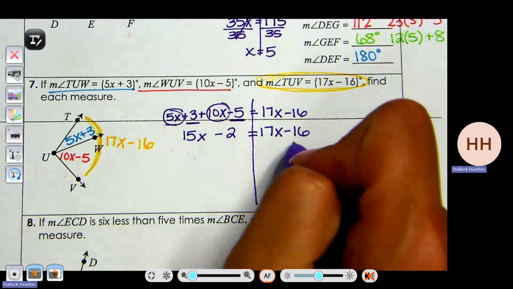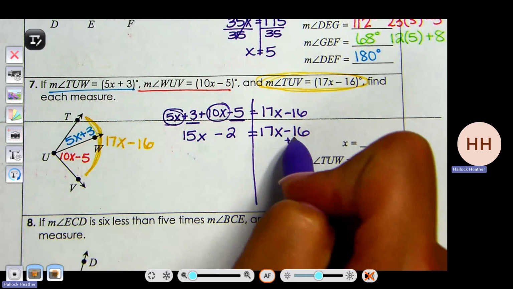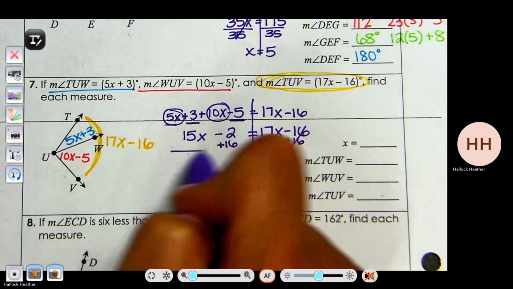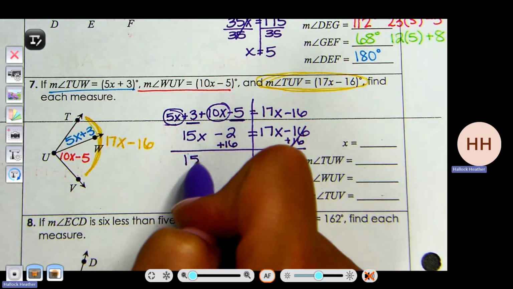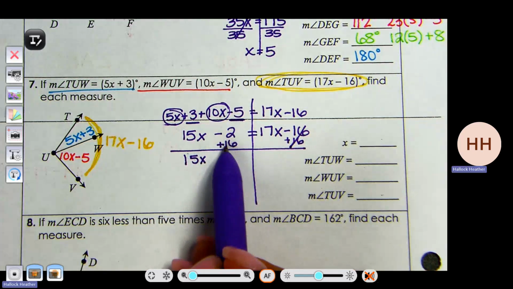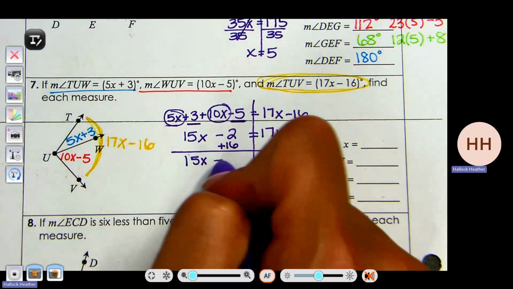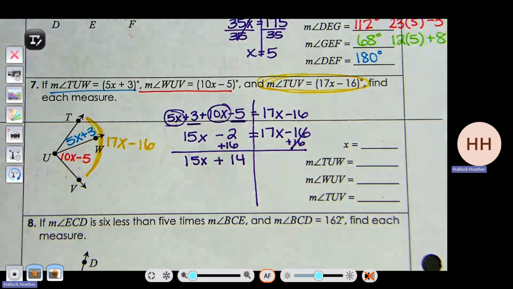Sure, let's move the 16. So the 16 is negative, so I'm going to add 16, cross it out, add 16. 15x. Negative 2 plus 16 is not 18. Positive 14. But if you moved it to the other side, then you would have negative 14.